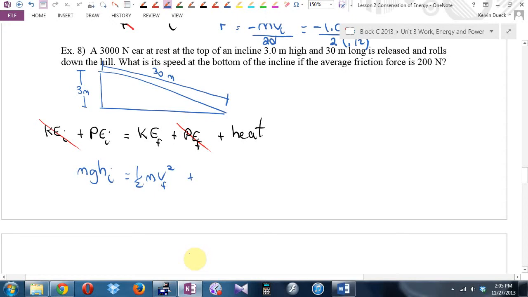I think heat is the work done by friction. Isn't it? I think heat is the work done by friction.